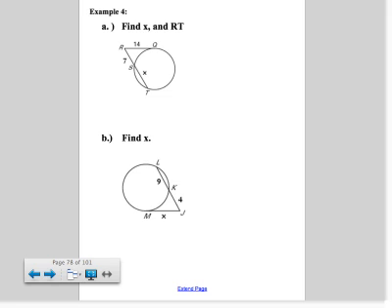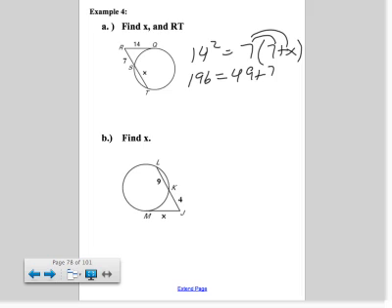So we have find x and RT. So again, we have the tangent segment squared equals the outside times the whole thing. Alright, so 14 squared, 14 times 14, I believe is 196, is equal to, distribute the 7, so you get 49 plus 7x.